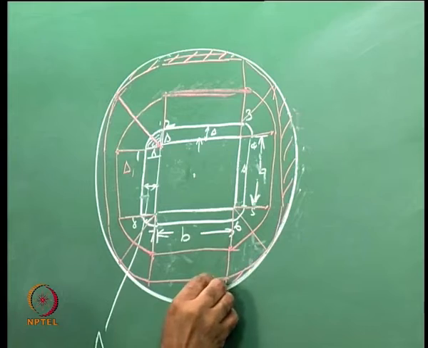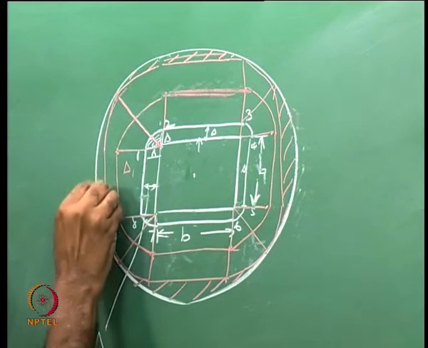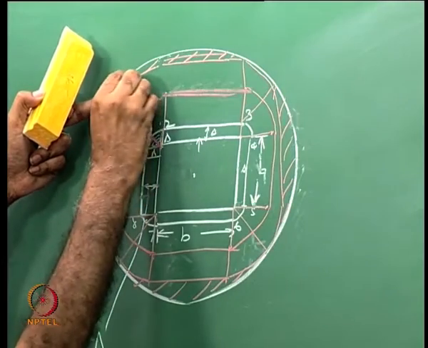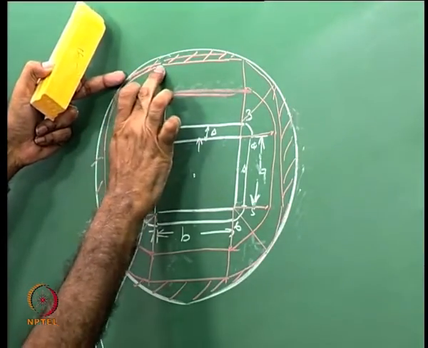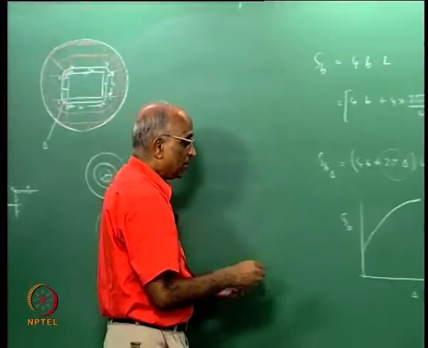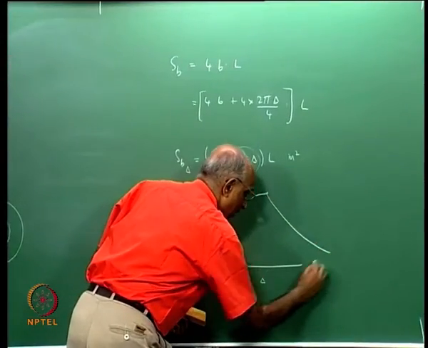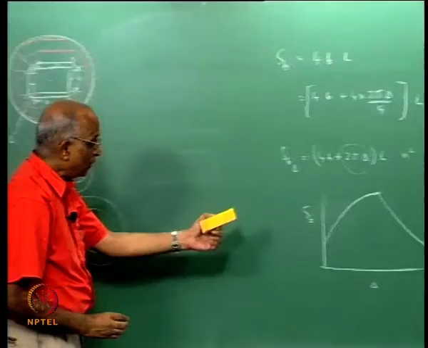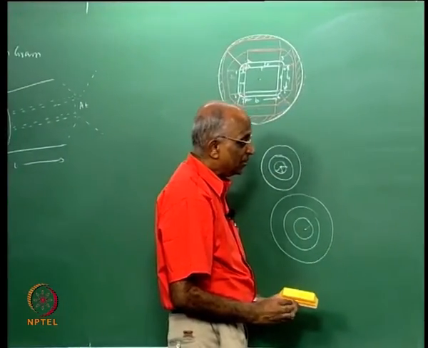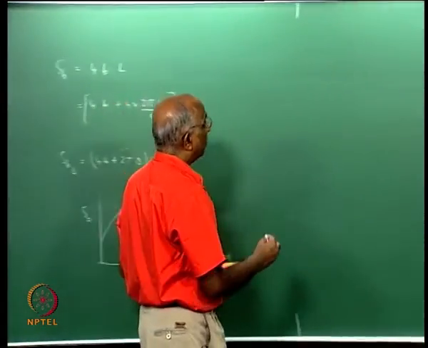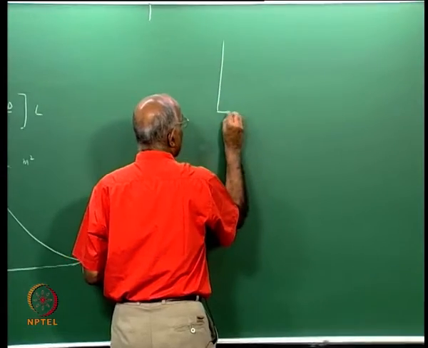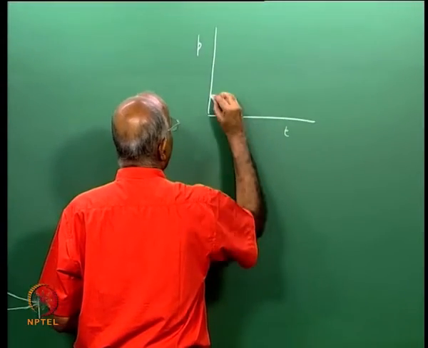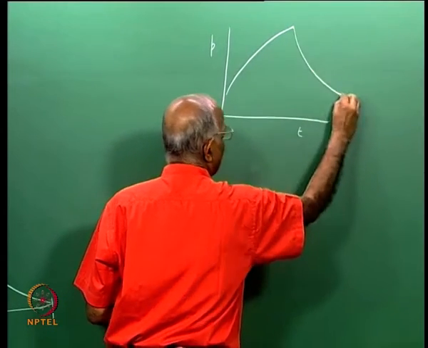Once the vertex comes and hits the case, thereafter the burning surface area should decrease, because at the next instant this comes here, the area decreases, and the burning surface area decreases like this and ultimately becomes 0. This is the way the burning surface area changes, and therefore the pressure in this motor which has a square inside will evolve with time something like this and come back like this.